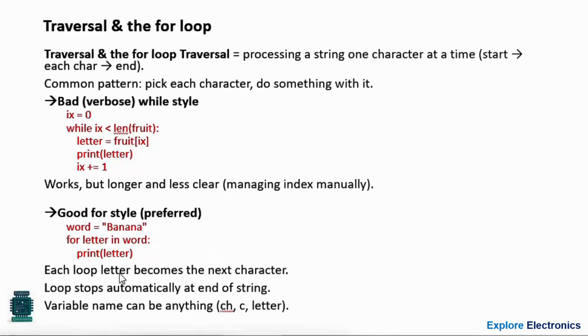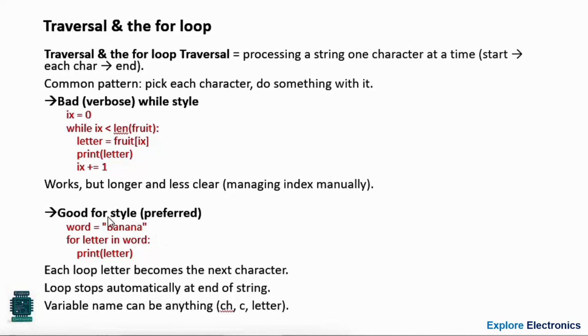Got it? Here, word is equal to banana. For letter in word, print letter. It will print the output as banana. Here, each loop letter becomes the next character. It will go to letter in word, that is B, and again come back and letter in word, A. It will keep looping and the loop stops automatically at the end of the string.